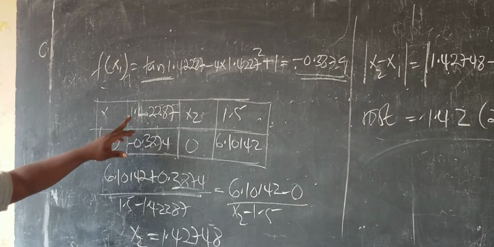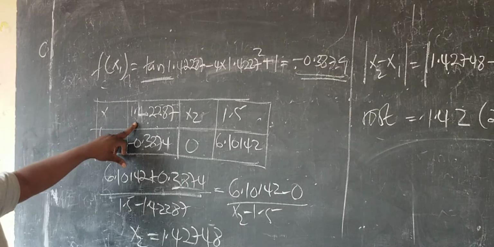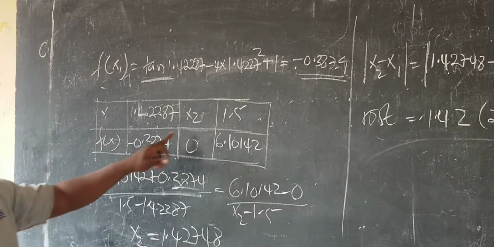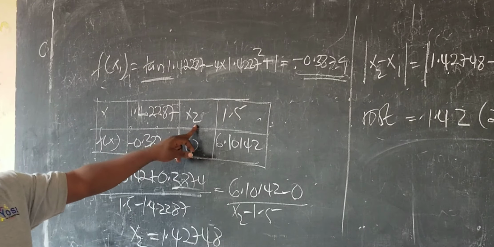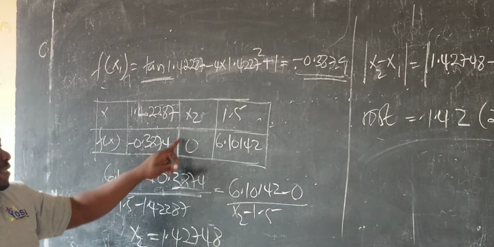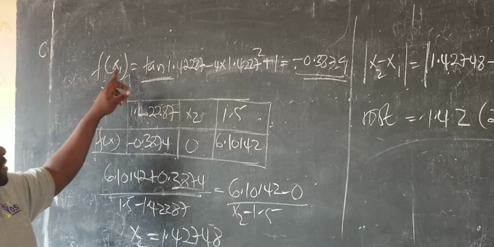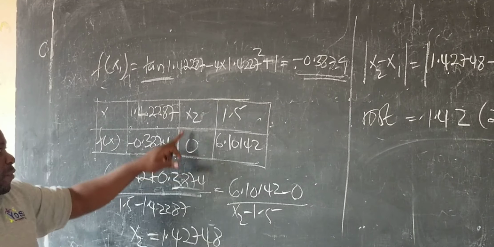So there we now write this is the x1 and this is the corresponding value of f of x. Then we say if x2 is the root of the equation, when you substitute in this equation, you must get 0. We're looking for x2.